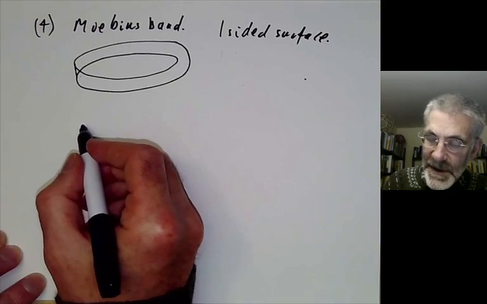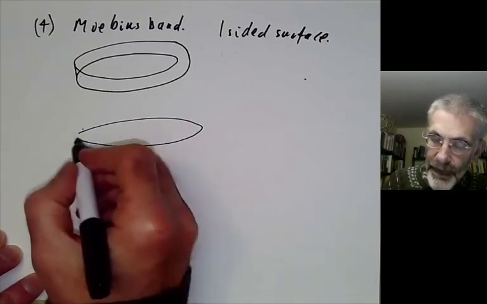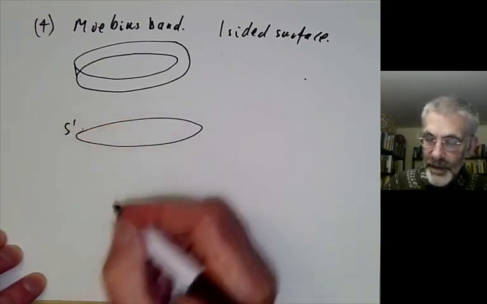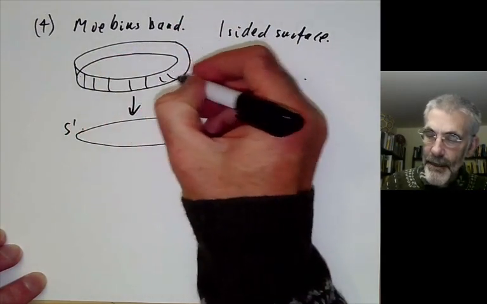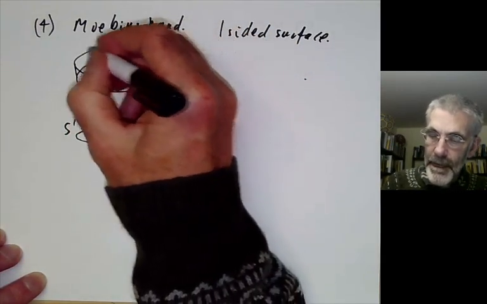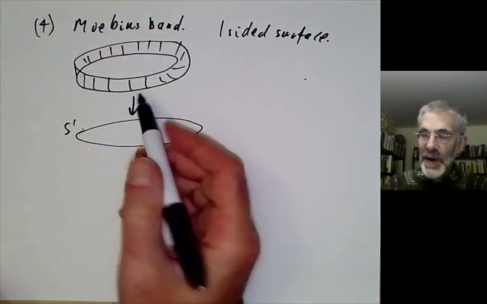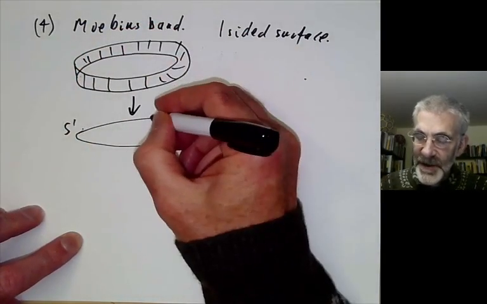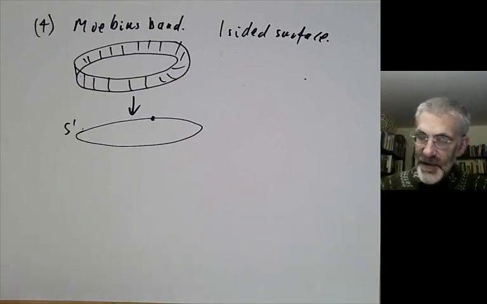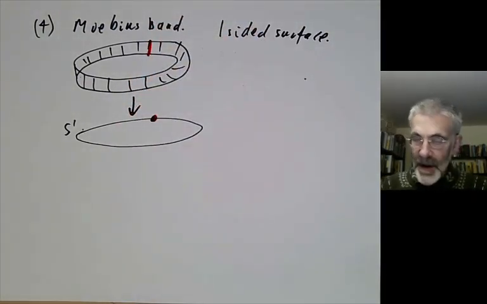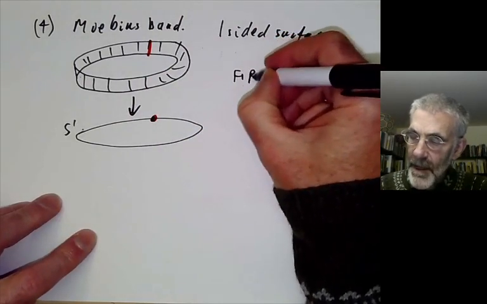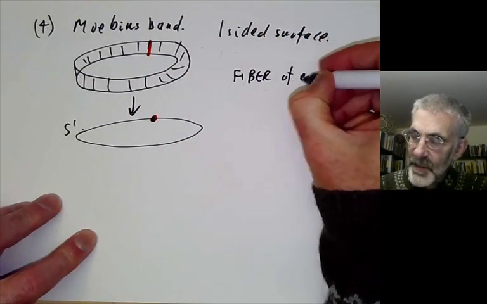Well, what we do is we take the circle S1 and we project the Moebius band onto this circle. And we project it in such a way that the fibre at each point, in other words, if you take a point and you take its inverse image, the inverse image is going to be a line. And we're going to say the fibre of each point.